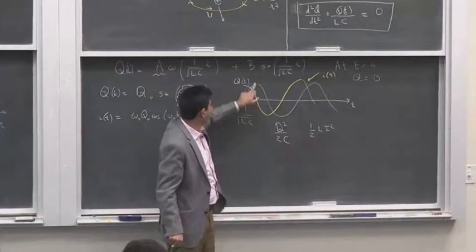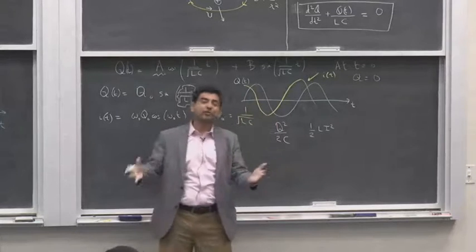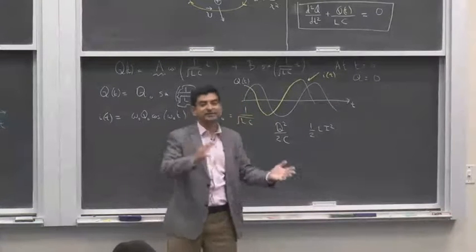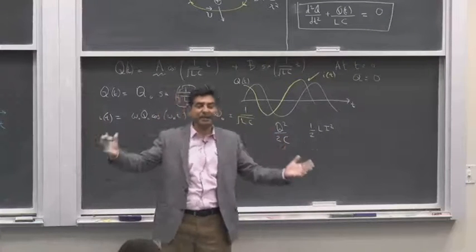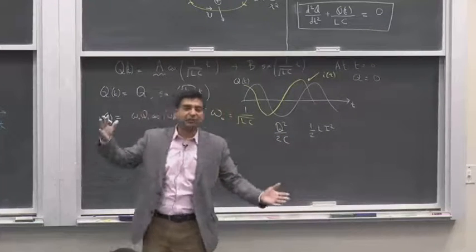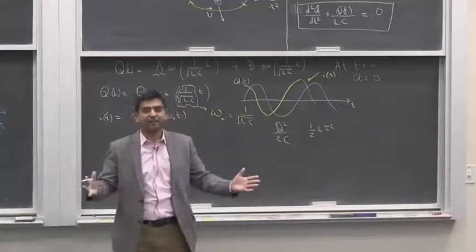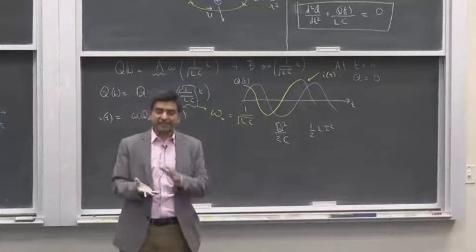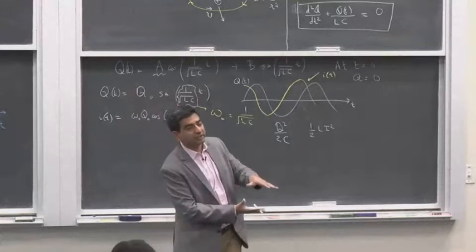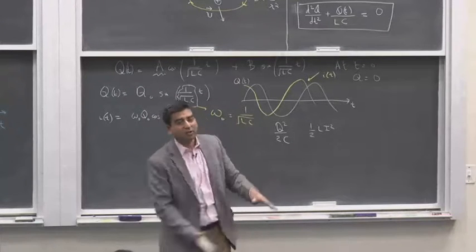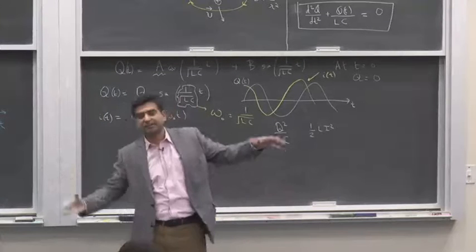When Q is 0, the current is maximum, which means that all of the energy has now toggled onto the inductor. So there is a flip-flop of energy between the capacitor and the inductor. It's like a pendulum which is transferring its potential and kinetic energy amongst itself. So this is just like an oscillator. The energy is sometimes residing inside the capacitor and other times it's residing totally and wholly inside the inductor. And there's a constant toggle, flip-flop of energy between the inductor and the capacitor.